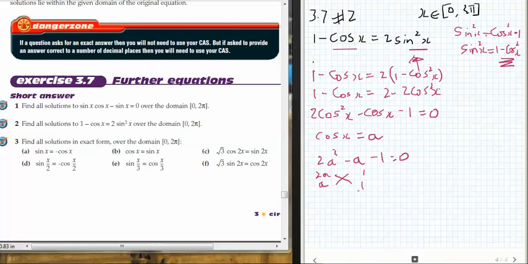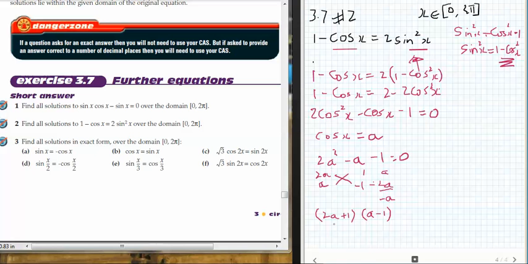One of those ones has to be a negative. I want the one opposite the 2a, so that when that gets multiplied I get minus 2a, and I get a, and add them together I get minus a, which is what I want in the middle. So I know that I have 2a plus 1 and a minus 1.